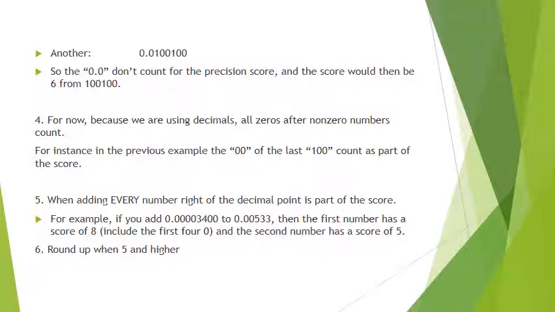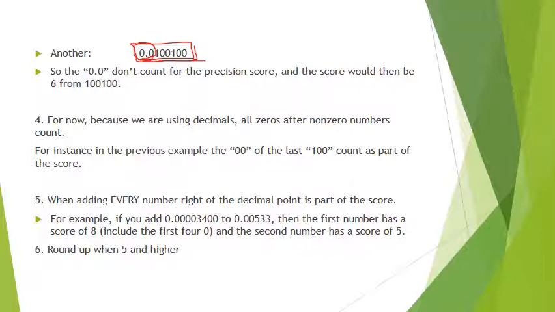So if I just gave you this number here, and I asked you what's its score, you don't count these leading zeros. So the score of this number will be 1, 2, 3, 4, 5, 6. All right. So if you have decimal points and zeros, you don't count them. All right, and it gets a little confusing, but we'll see how that works, and we'll go through it.